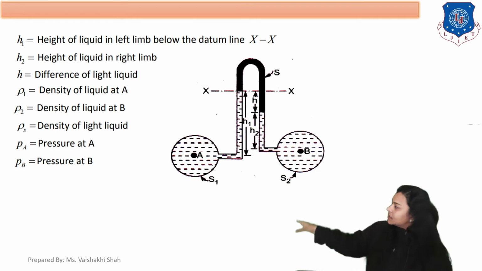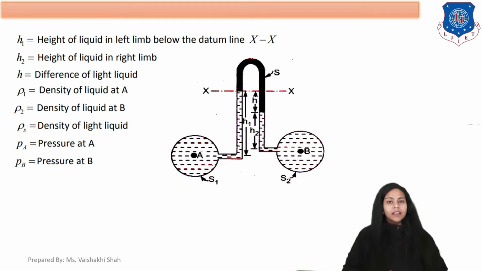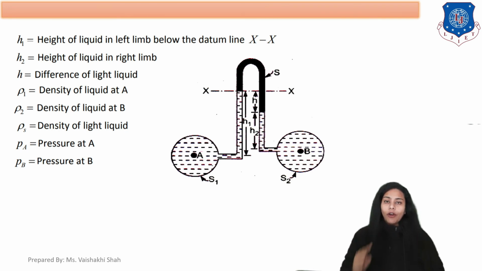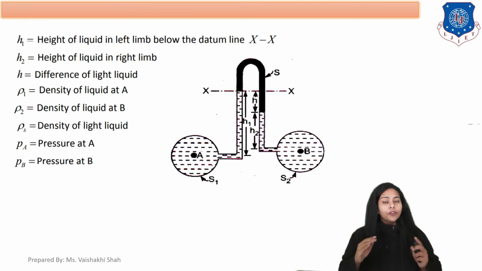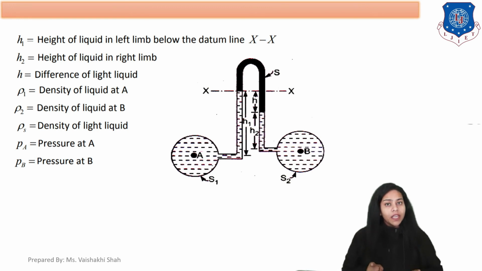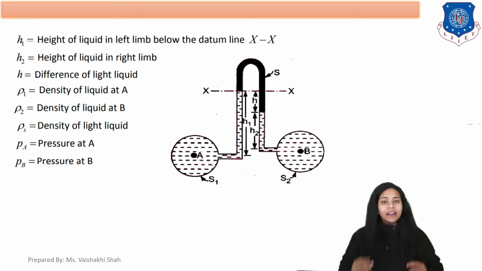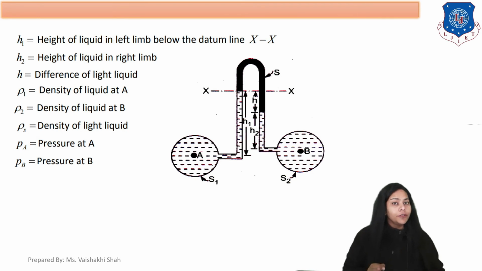Now in these notations, the word light liquid is used. So remember that in the U-tube differential manometer, we take mercury as the manometric fluid, but in the inverted U-tube manometer, we take a liquid lighter than water as the manometric fluid.